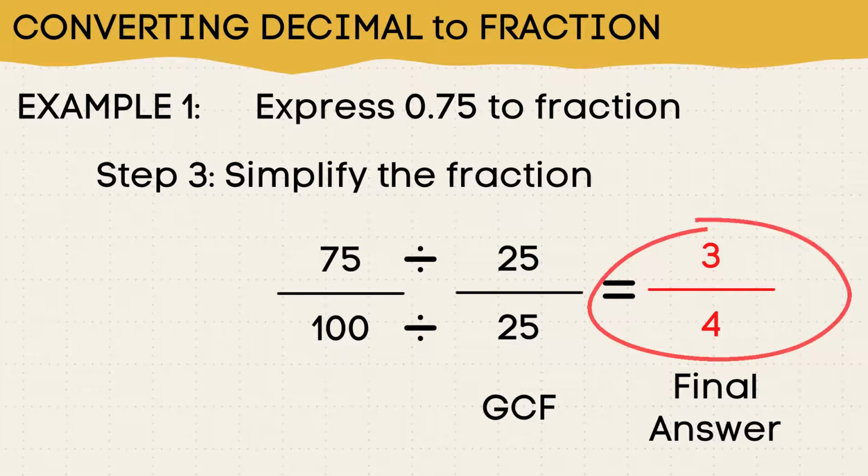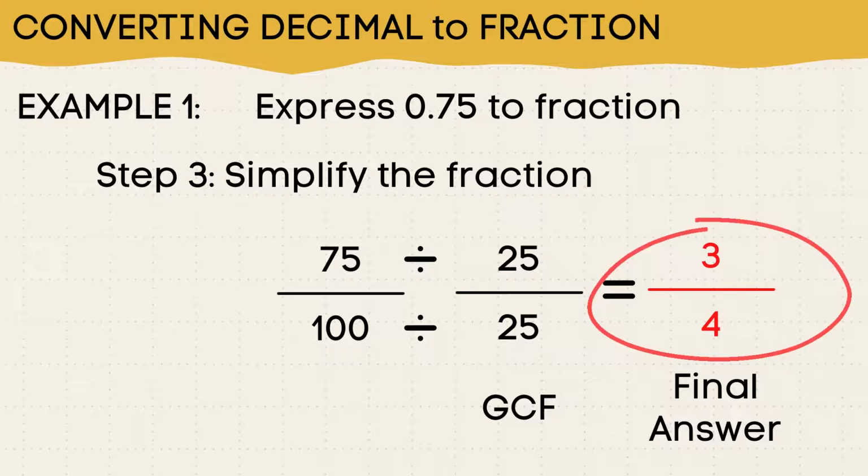By the way, if you have difficulties in identifying the greatest common factor, you may start with the smallest number that you think is divisible by both the numerator and denominator.